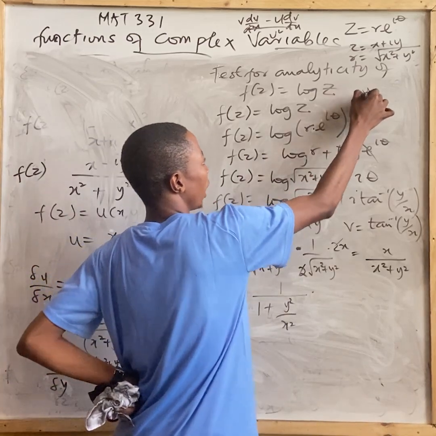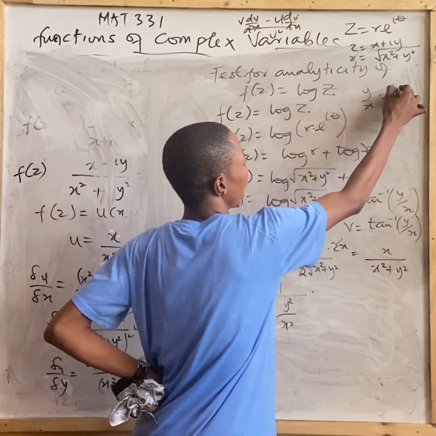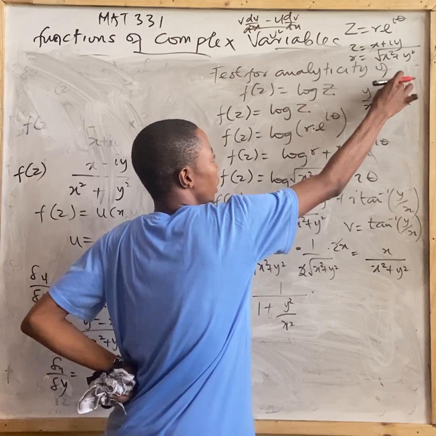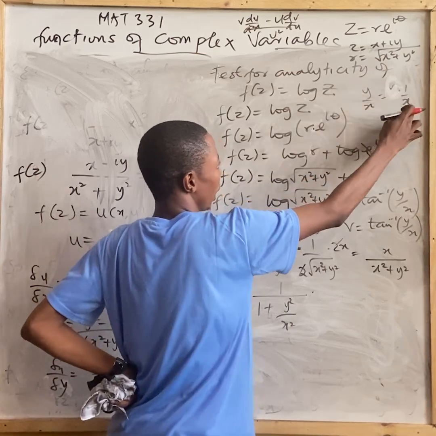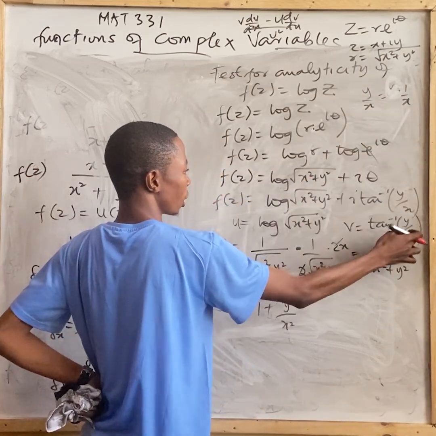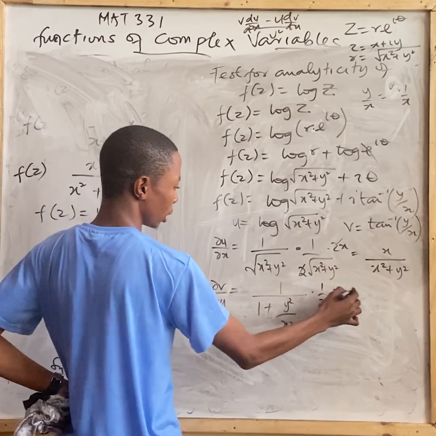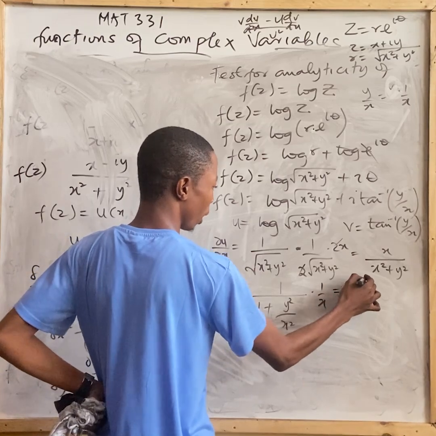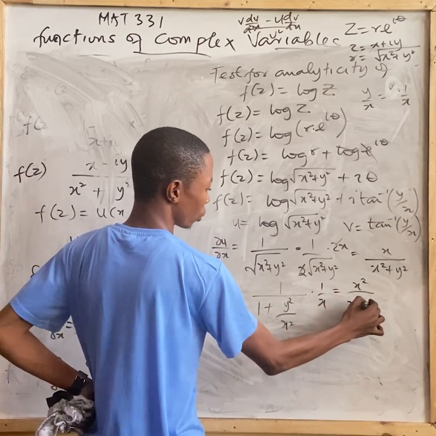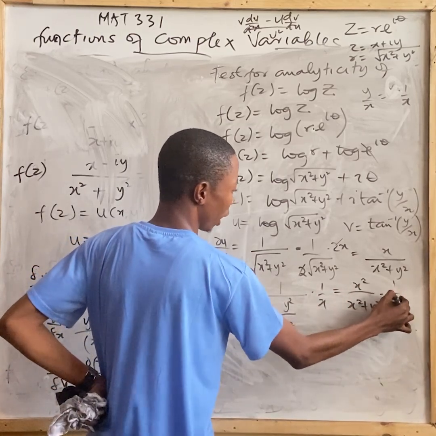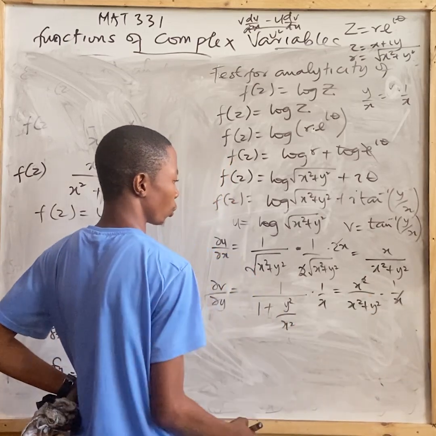Y over x is just like y times 1 over x. If I differentiate y, that's 1, and 1 over x is constant, so the derivative is 1 over x. Then you simplify this: x squared divided by x squared plus y squared times 1 over x. So x will remove one square.